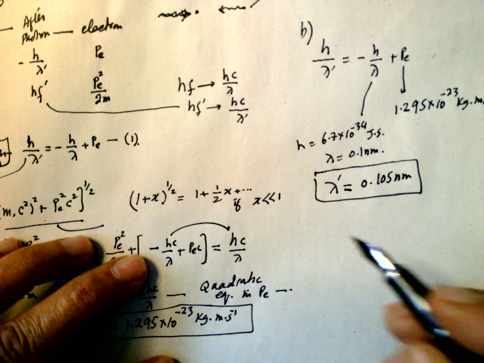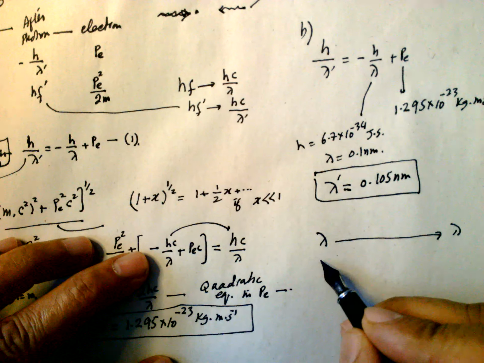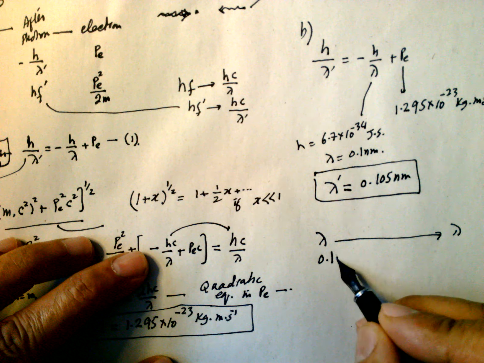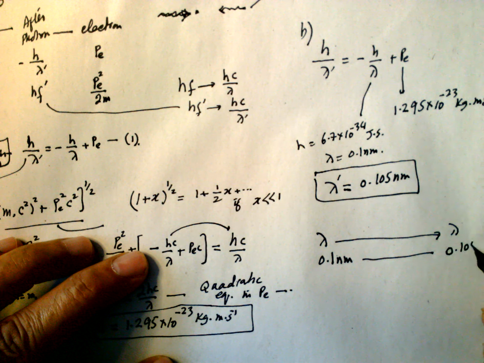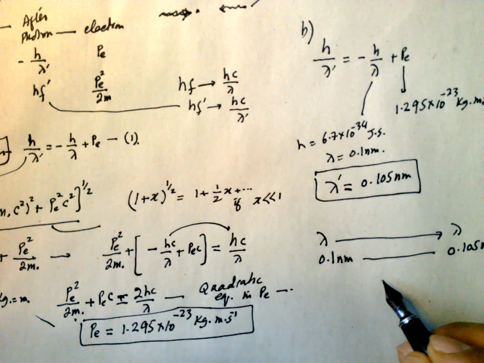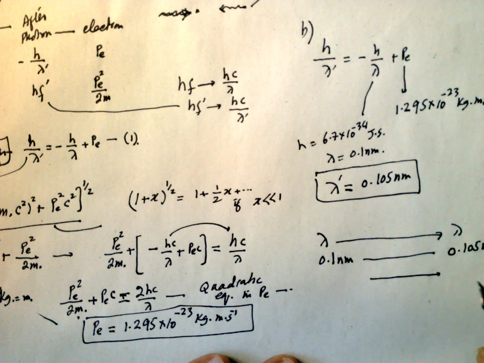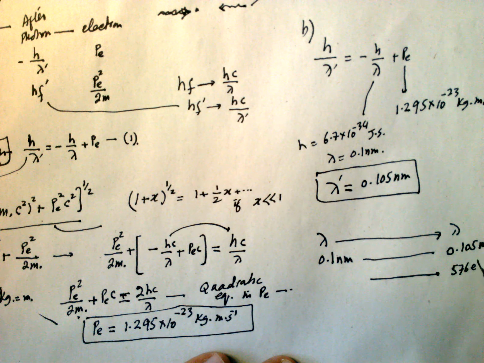So the wavelength will change from lambda to lambda dash, from 0.1 nanometer to 0.105 nanometer, and the kinetic energy of the electron will be 576 electron volt.